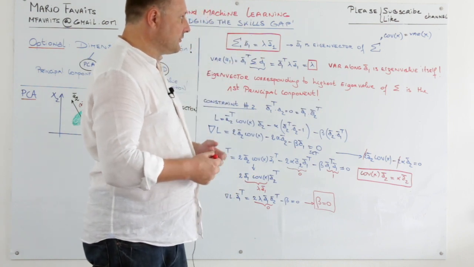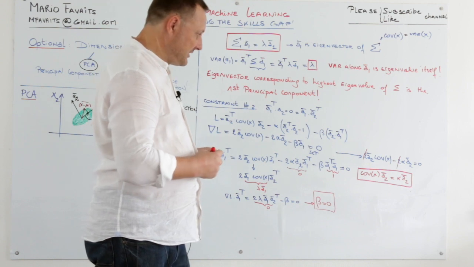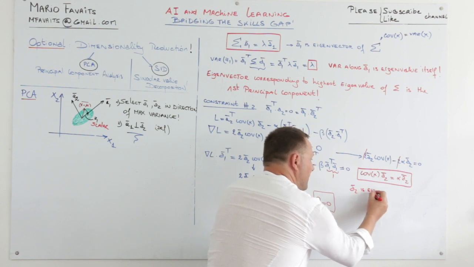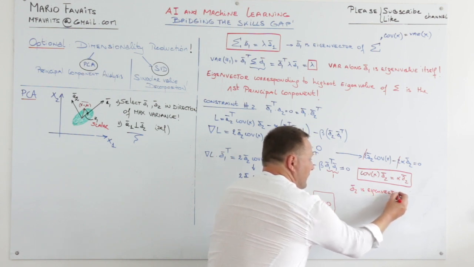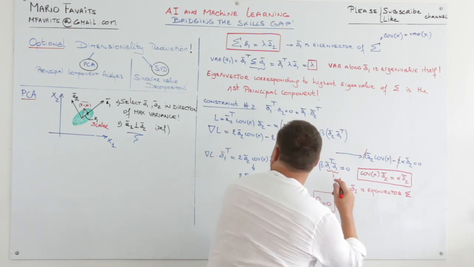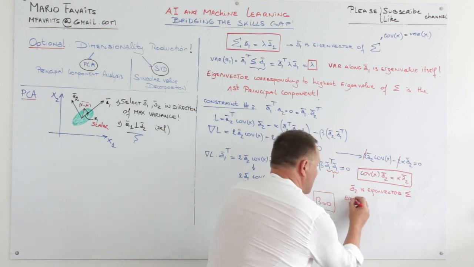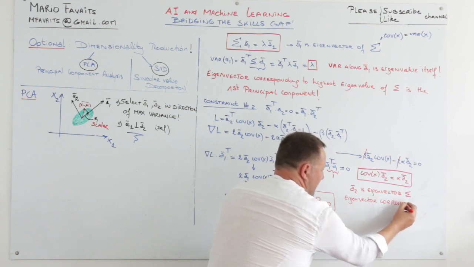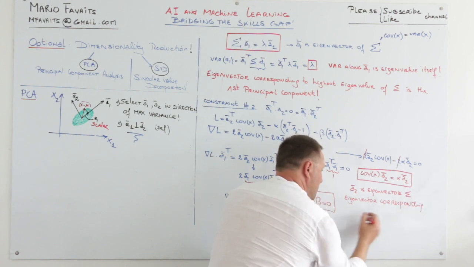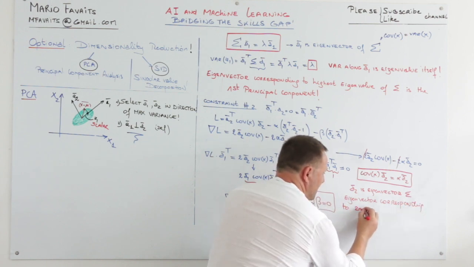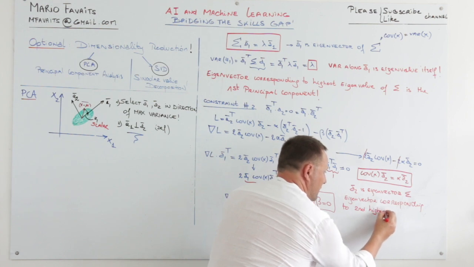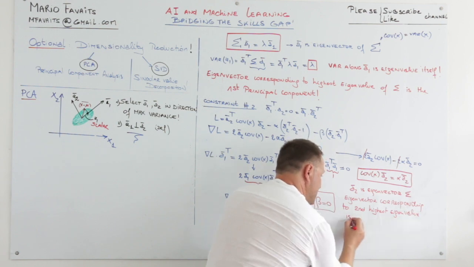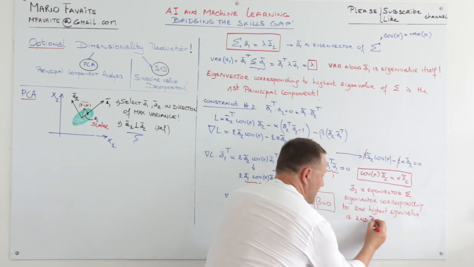So A2 is also an eigenvector of the covariance matrix. So A2 is an eigenvector of the covariance matrix, and the eigenvector corresponding to the second highest eigenvalue is the second principal component.